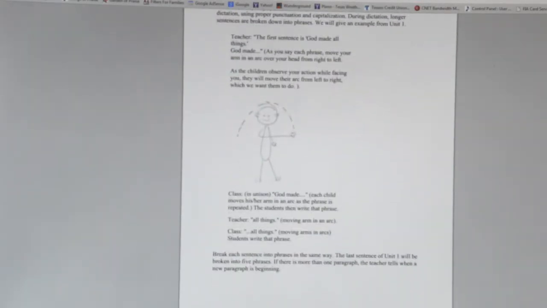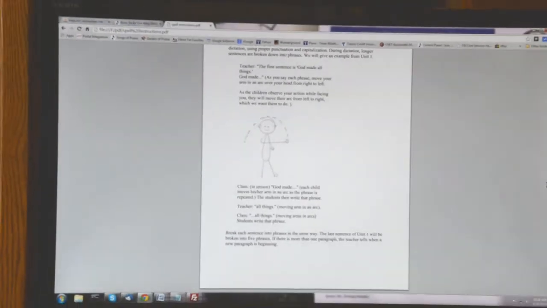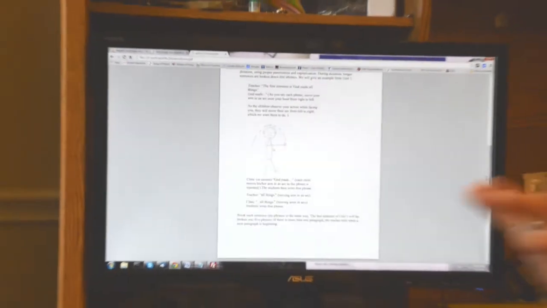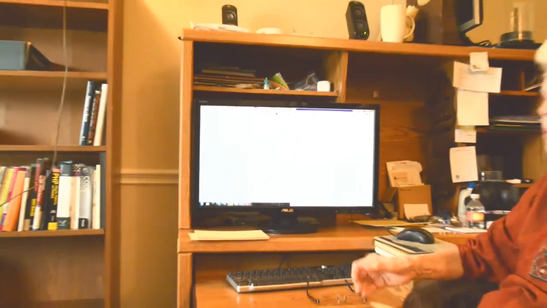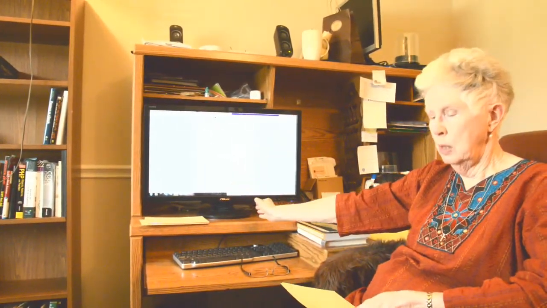When you do the dictation, you have to divide these sentences into phrases. So the children have their spelling paper and they're ready to take the dictation. So the teacher says, and she moves her arm, the first sentence is God made all things. So I'm going to divide that into two phrases.